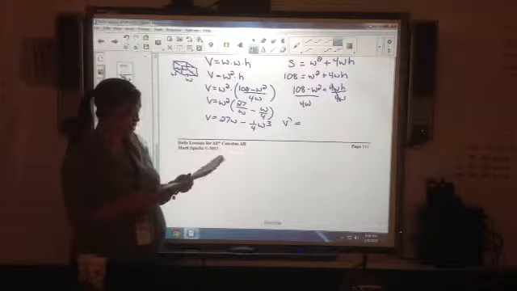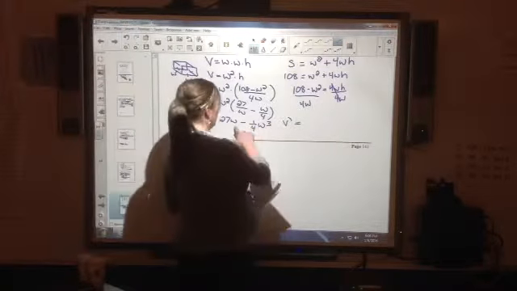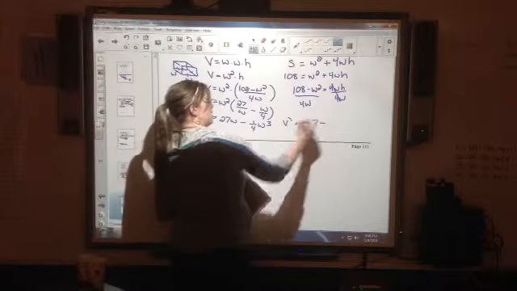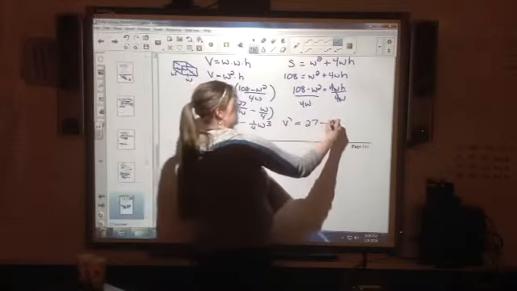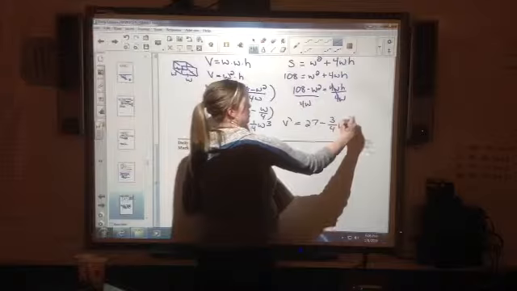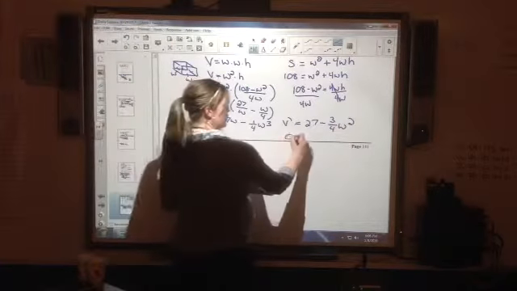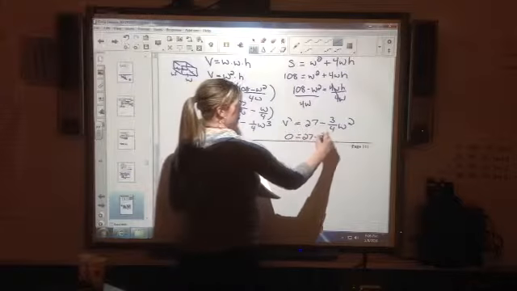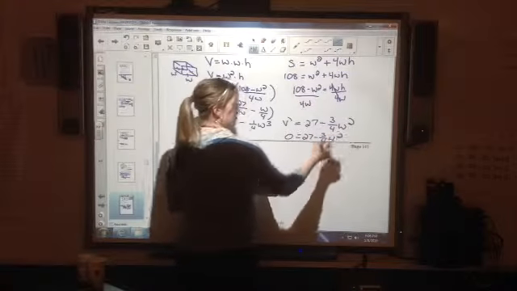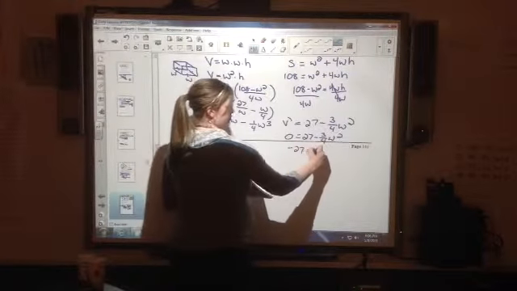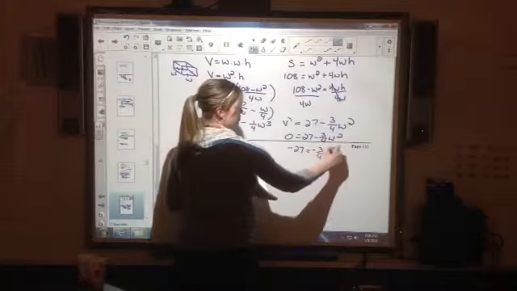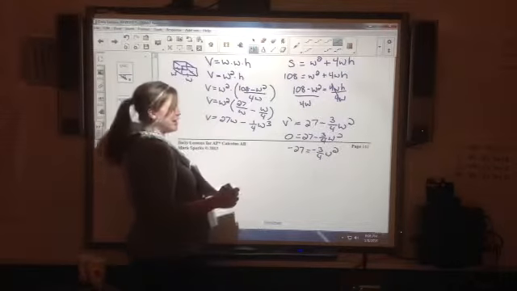I can say V prime is equal to 27 minus 3 times 1/4 is 3/4 W squared. What I want to do is set this equal to 0 and solve. Multiply both sides by -4/3.